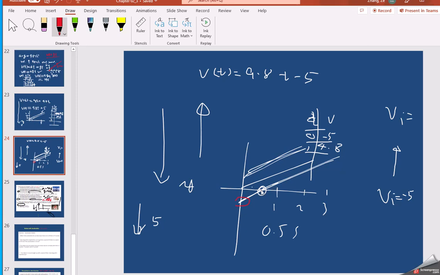That 0 point is where the object is turning from upwards to downwards. In this particular case, at roughly 0.5 second, the object reaches the top.